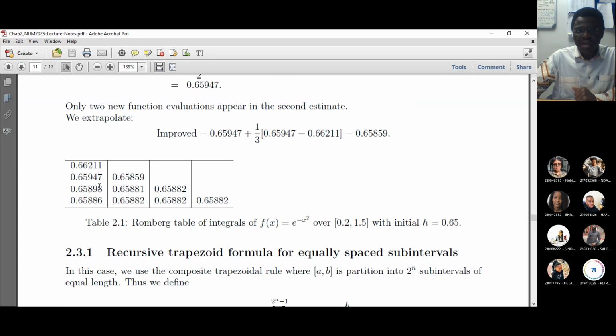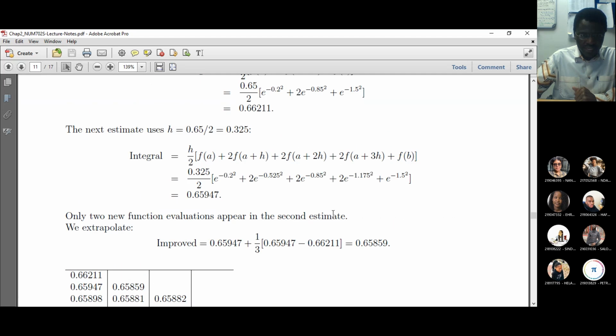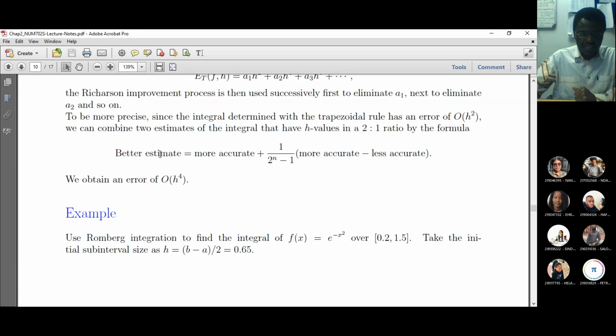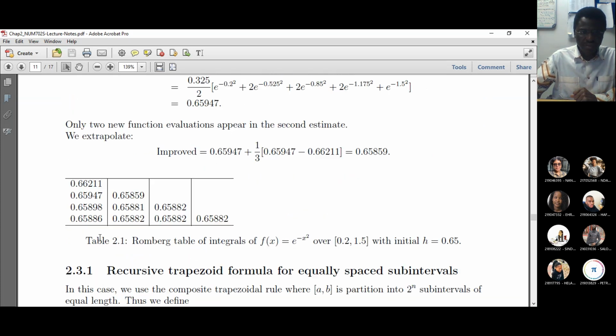Once you have generated the first column, the remaining columns are obtained using this formula: better estimate is equal to more accurate plus 1 over 2 to the n minus 1, where n is the order of accuracy of the method, times the more accurate minus less accurate. That's what will give you the remaining columns.